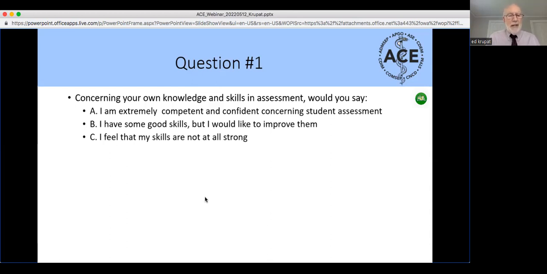If you can see, the vast majority of you are where I think the vast majority of people who aren't in the room today would say they are. 15% say, it's a shame, I wish my skills were stronger. It's only 5% who say you feel extremely competent and confident, and good for you.